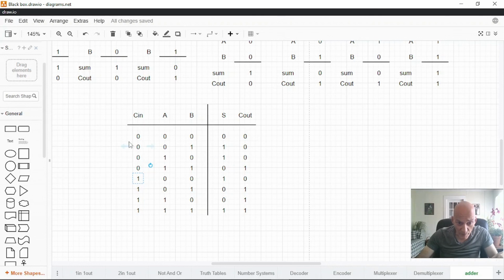Then what about all the cases that have two 1s in them? Two 1s is going to be 2, so in any case where we have two 1s, which is these 2 and this one, the sum is 0 and the carry is 1. And finally, if there are three 1s, there's a sum and a carry as well. We'll use those patterns when we implement this.